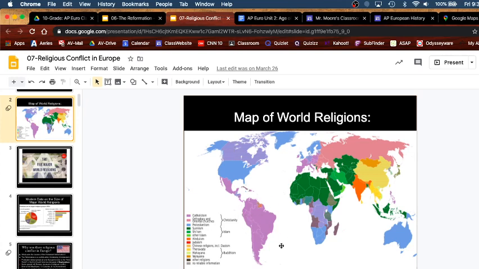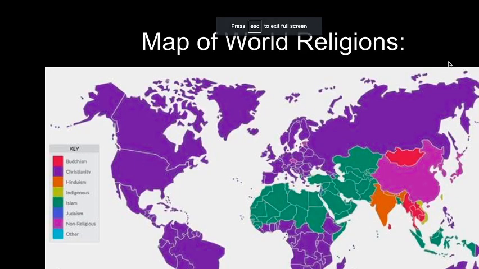If you look at this map of the world right here, it's color coordinated by different religions. And there's different forms of Christianity. So I'm going to blow this map up here for a second so that we can take a look at it. And if we take a look at it right here, everything you see in purple is predominantly Christian.